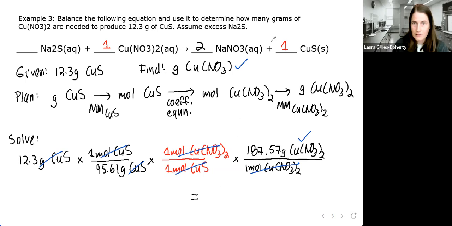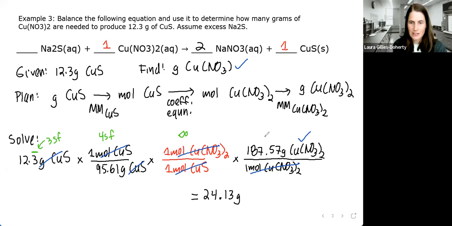And I got 24.13 grams. And I'm going to check my sig figs before I include my units there, just in case I have to round. So I've got 3 sig figs in my starting value, 4 sig figs in my molar mass, infinite sig figs in my mole to mole calculation, and 5 sig figs in my second molar mass. So I'm going to be limited to 3 sig figs.